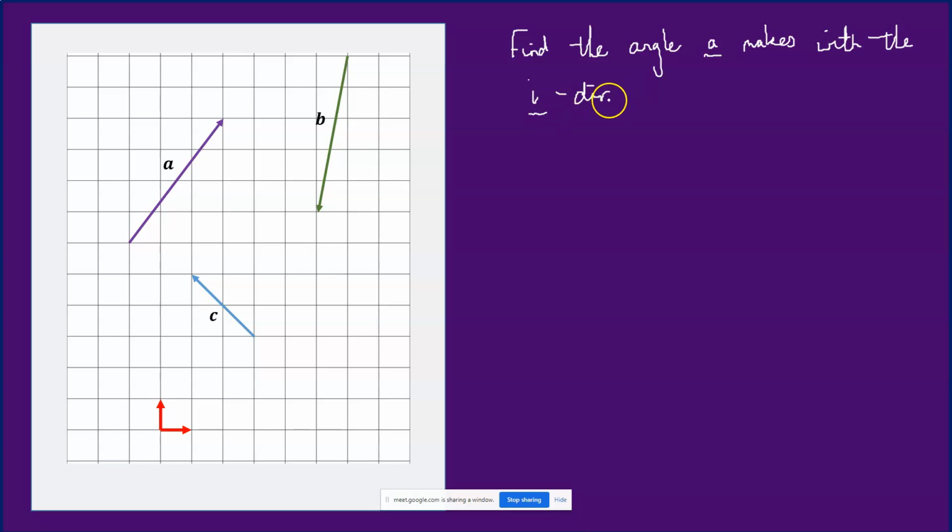Notice again the I is getting underlined there. Okay, so you might be asked something like that. So find the angle A makes with the I direction. So what I'm going to do is I'm going to sketch it and then put in the I direction. So there it is.